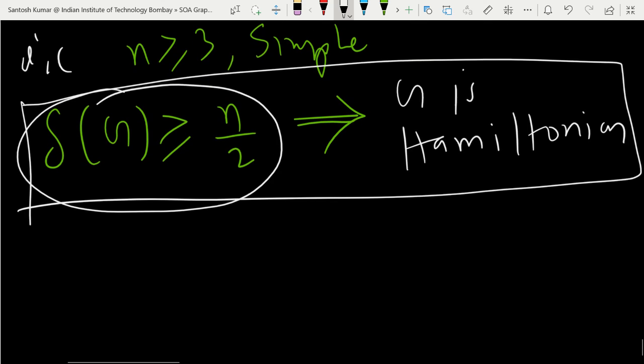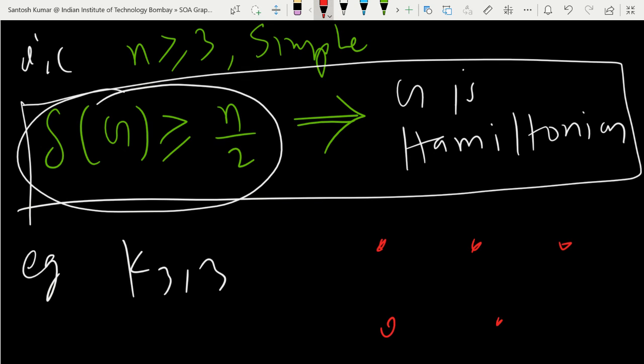So let's take an example. Why don't you check K33? You have seen the result that K_mn is Hamiltonian if m is equal to n. First you check whether K33 is Hamiltonian or not. Or K44, you can check with anyone.